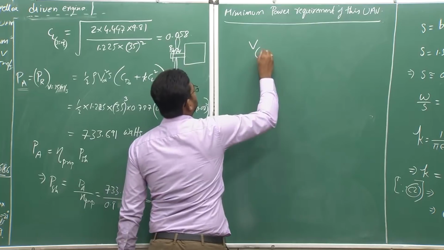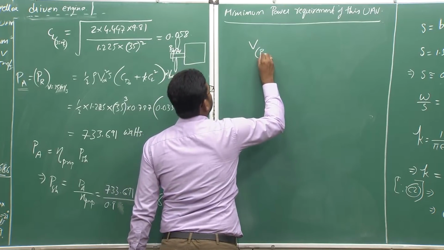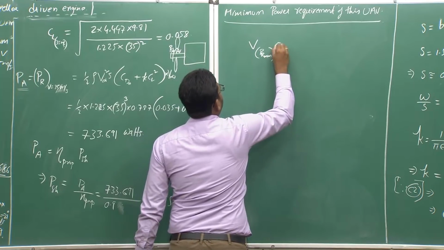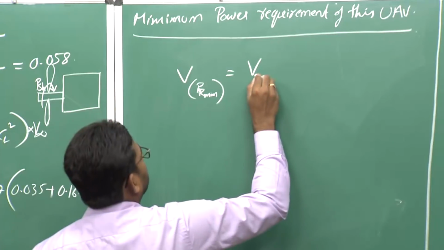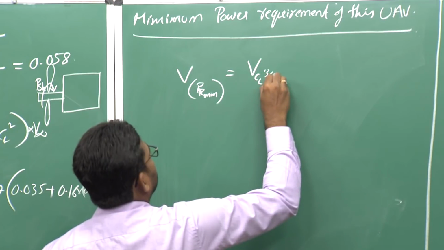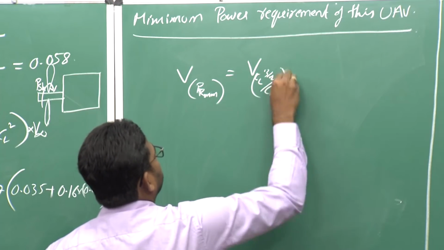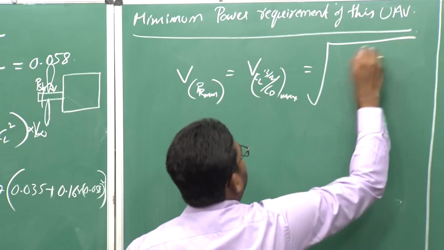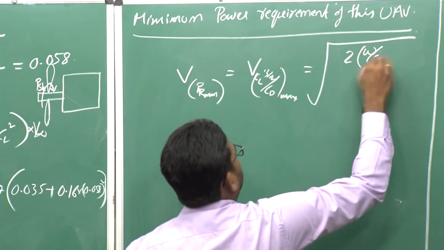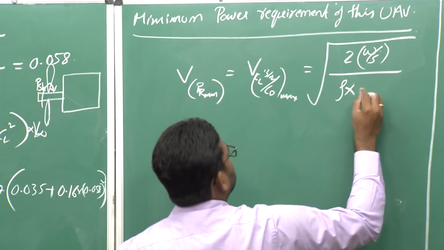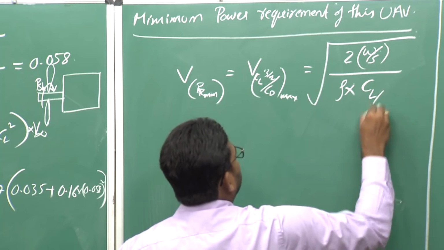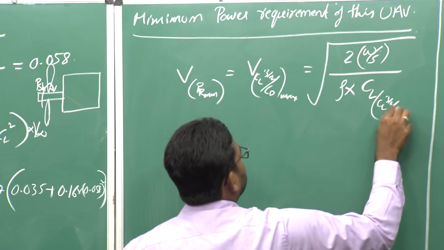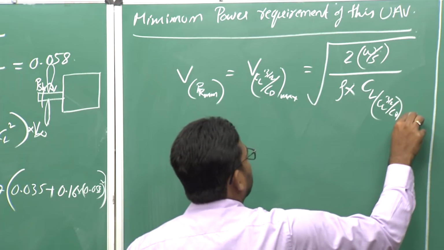Now, let us see what the velocity for minimum power required is. Power required minimum, which you can attain at the velocity for CL^(3/2)/CD maximum, right, is equal to the square root of twice the wing loading divided by density times CL for power required minimum, which is CL^(3/2)/CD maximum, right.